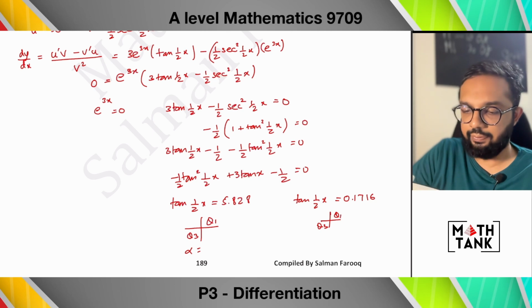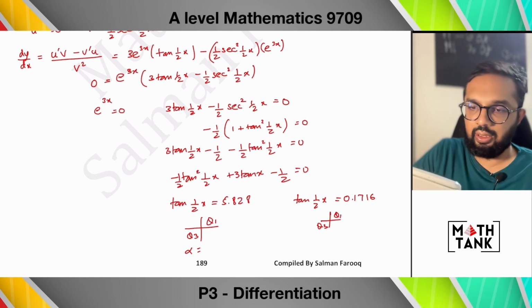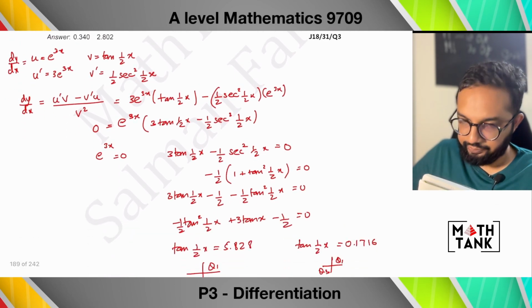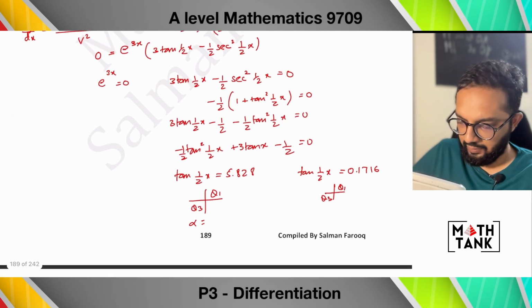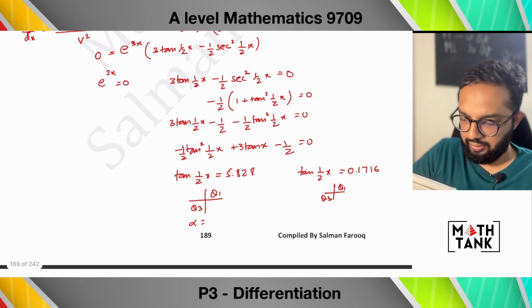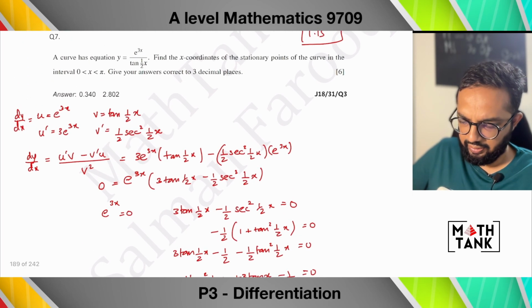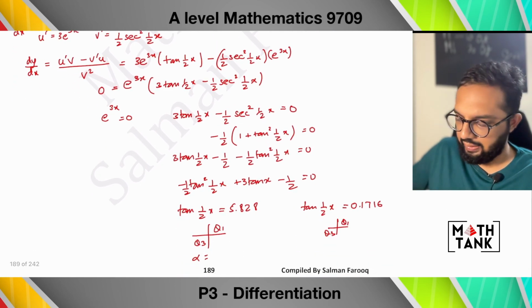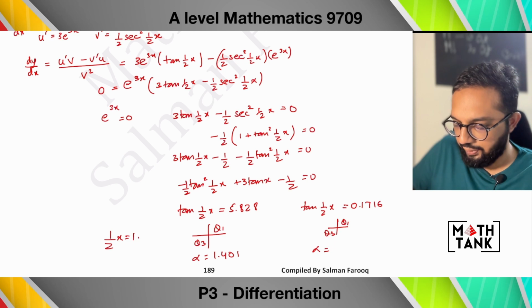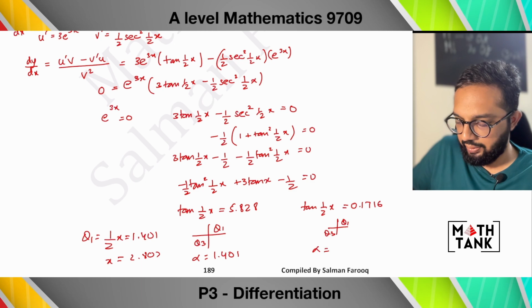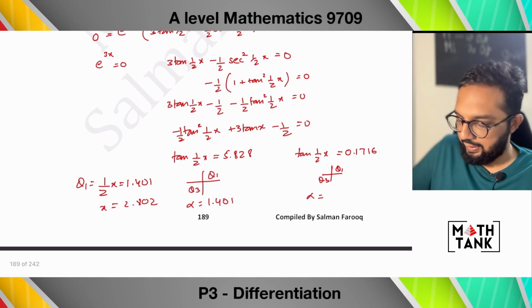Tan inverse of 5.828 gives me 1.401, so half x equals 1.401 in quadrant 1. That gives me x equals 2.802. That's one of the answers.